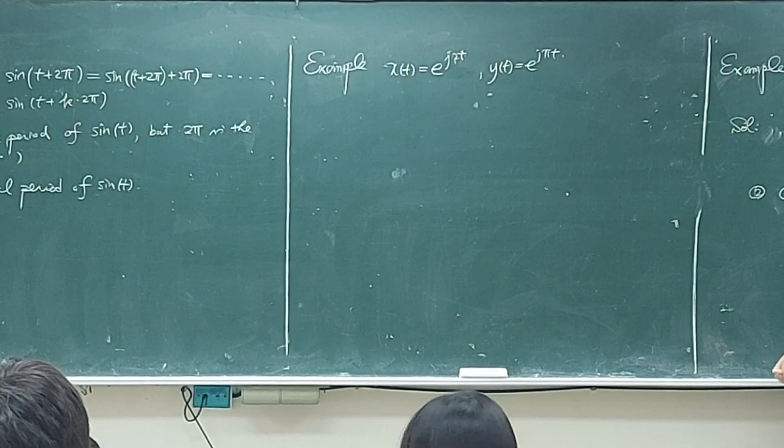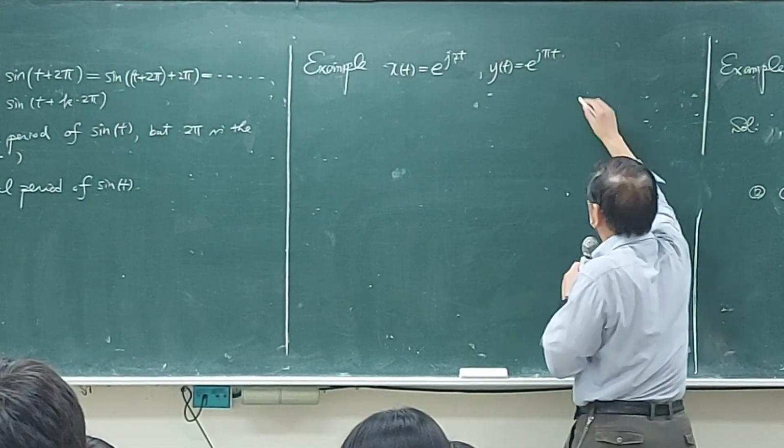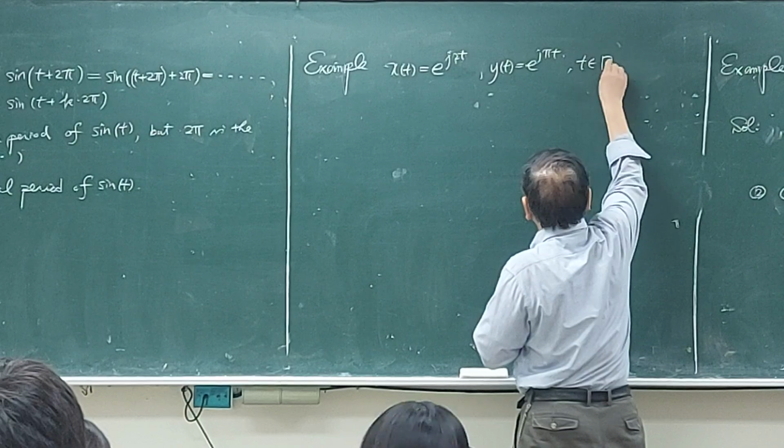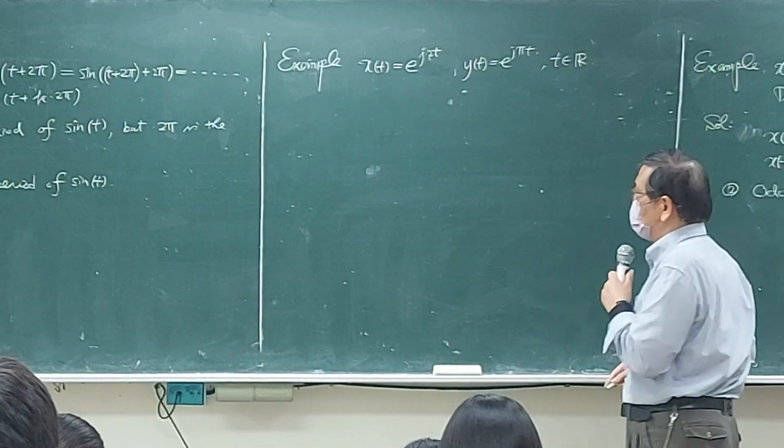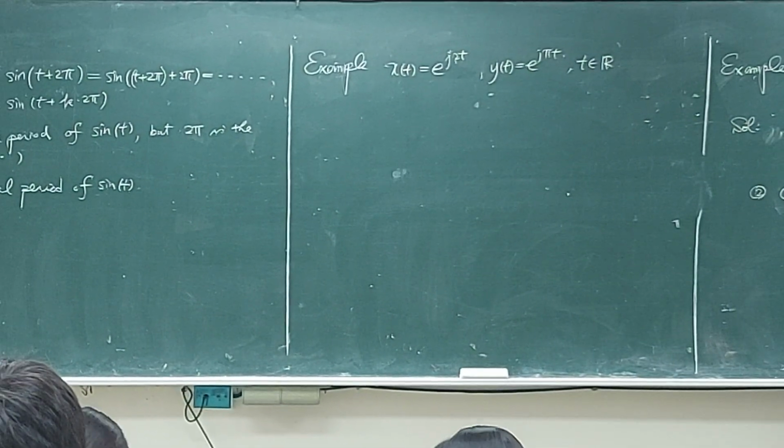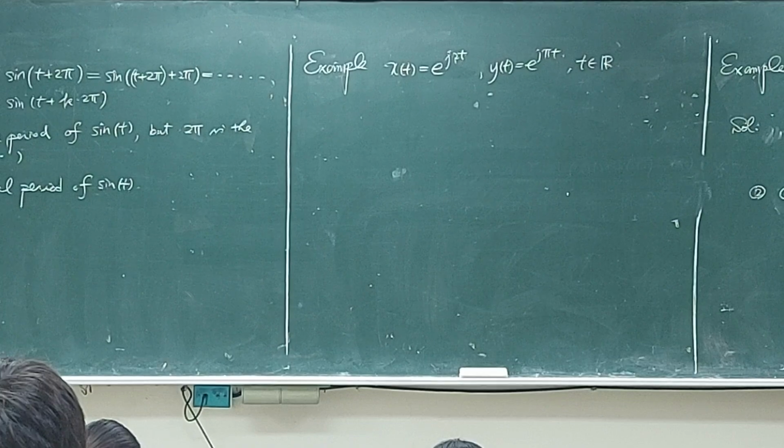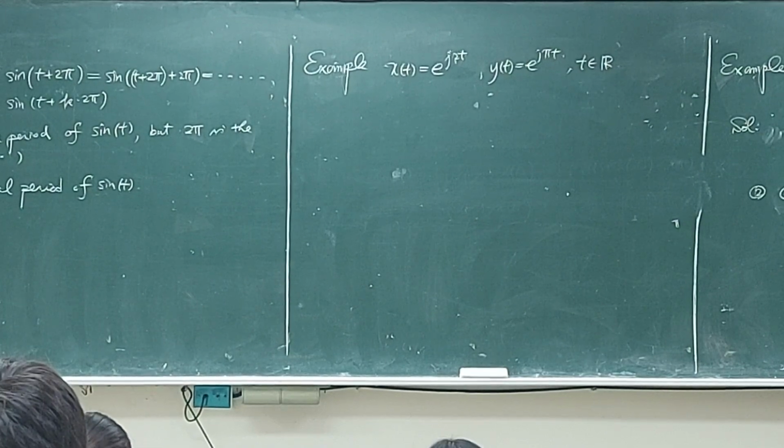Okay, now here we have two functions, x of t is equal to e to the j times 2t, and y of t is equal to e to the j times pi t.